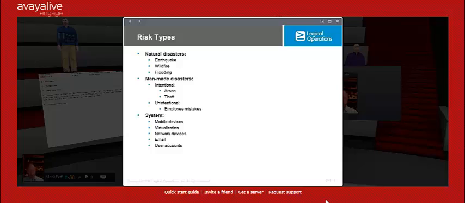That's a risk. What's the likelihood that flood's actually going to happen and fill up my building with water? If, based on historical records, this physical location hasn't flooded in over 200 years, the likelihood of that might be really low.